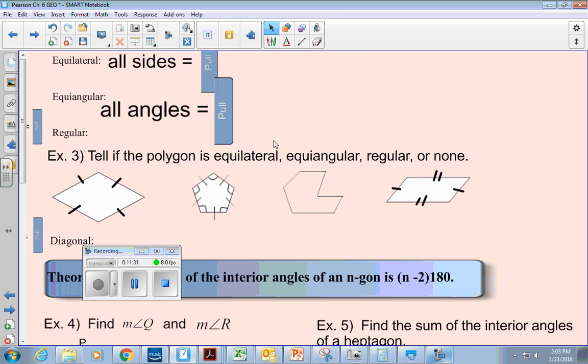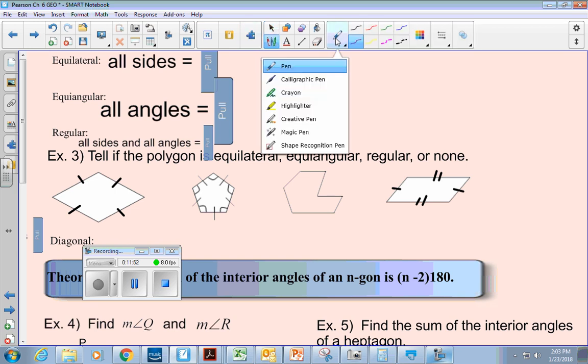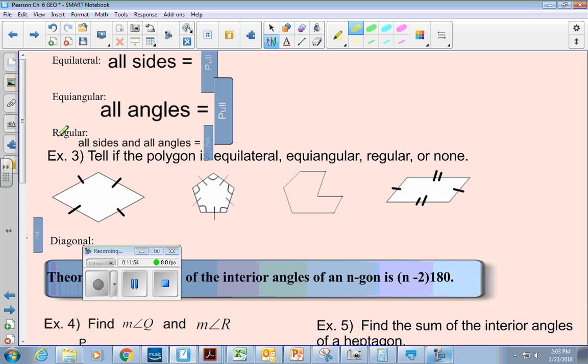And then when you are regular, it doesn't mean you go potty at the same time every day. It means that all your angles and all your sides are equal. I would like you to highlight the word regular and its definition, because you guys are going to encounter it, and there's some weird mental block with the word regular.